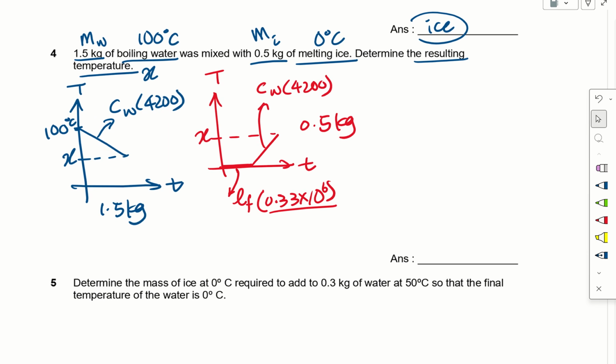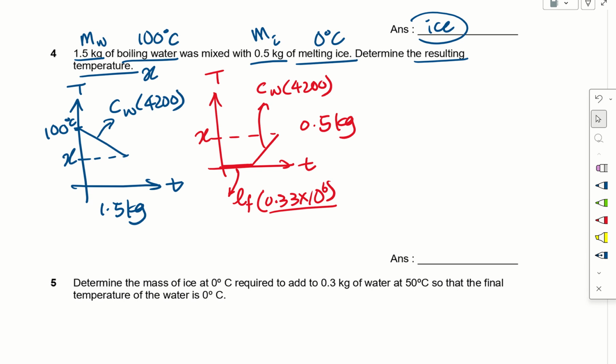The boiling water will be transferring its energy to the internal store of the melting ice. So the amount of energy transferred by the boiling water must be equal to the energy absorbed by the melting ice, right?